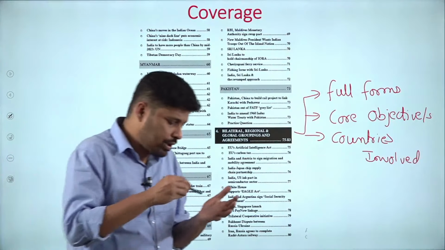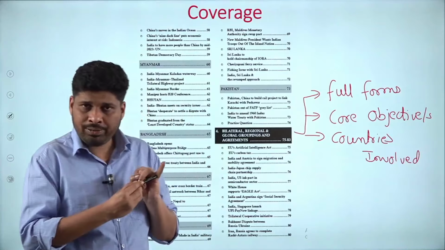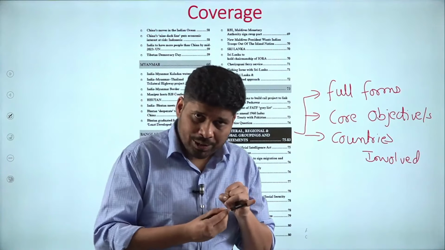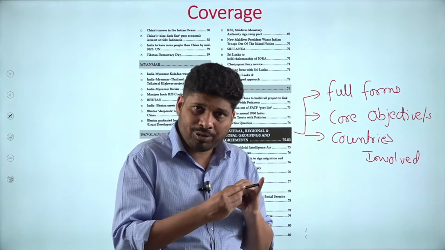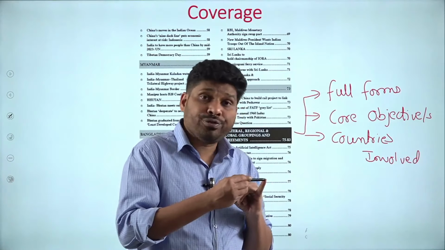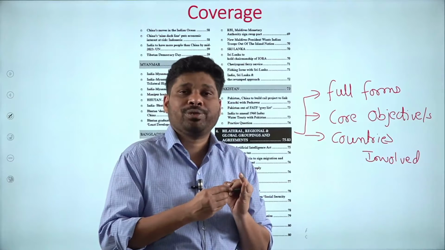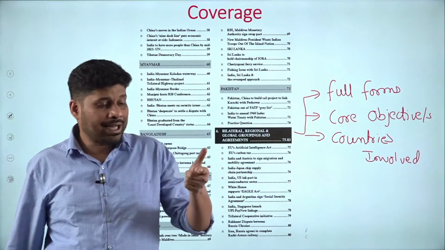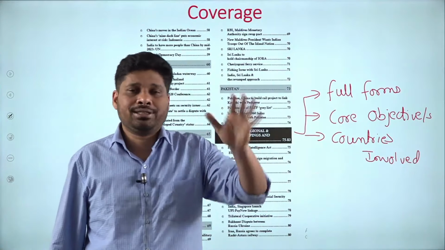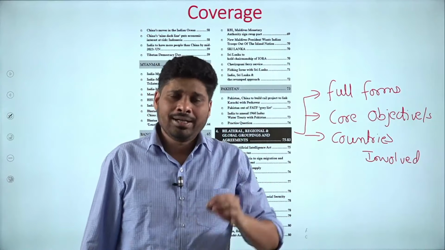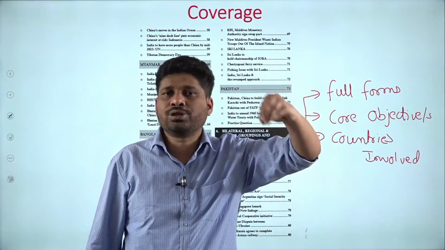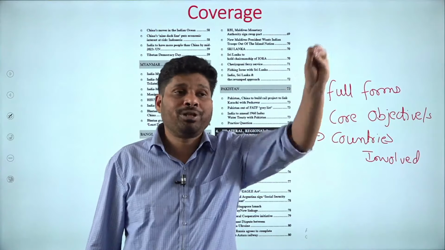But then check if India is a member of that particular grouping, if China is a member, if Pakistan is a member, if the United States is a member, if Russia is a member. India, China, Pakistan, Russia, United States. Look at these five countries, because UPSC is known to ask questions on the basis of membership of these countries.